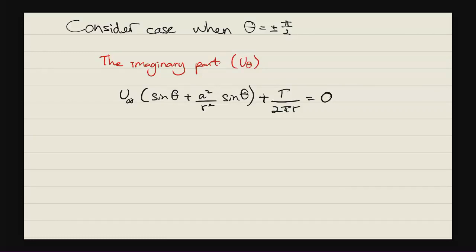And sine pi over 2 is just equal to 1. This is going to be 1 plus a squared over r squared. Did anyone say 0? No, right? Sine pi over 2 is 1. Plus gamma over 2 pi r equals 0.